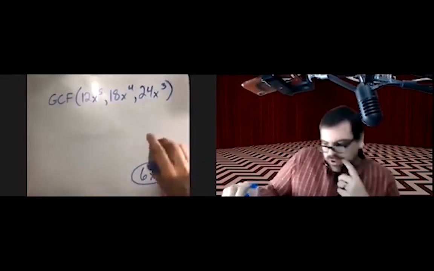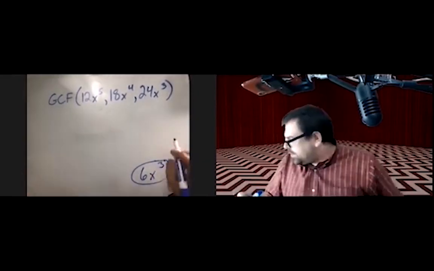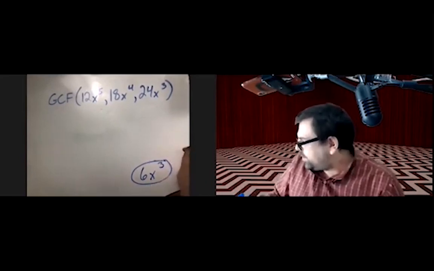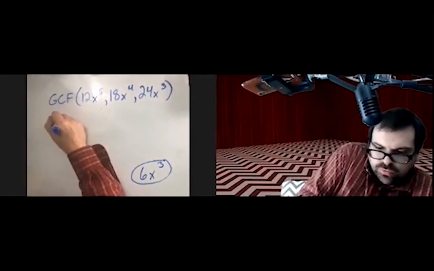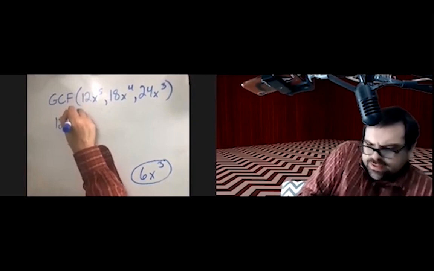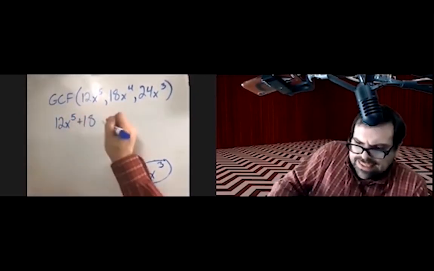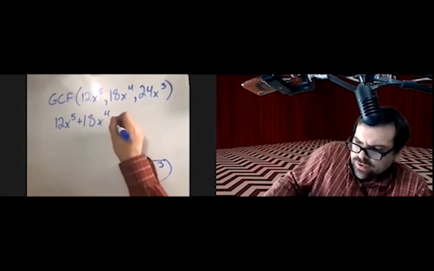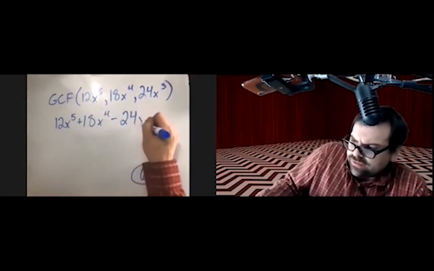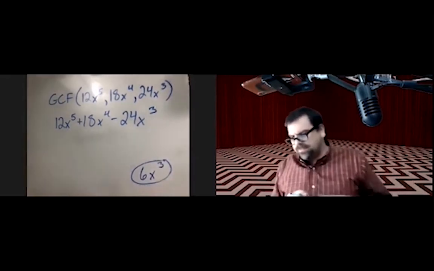The problem we're going to look at, we're going to start with 12x to the fifth plus 18x to the fourth minus 24x cubed.